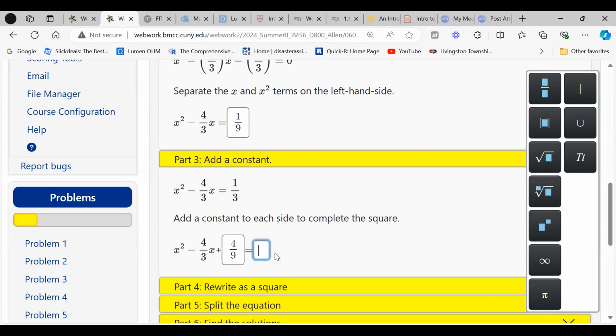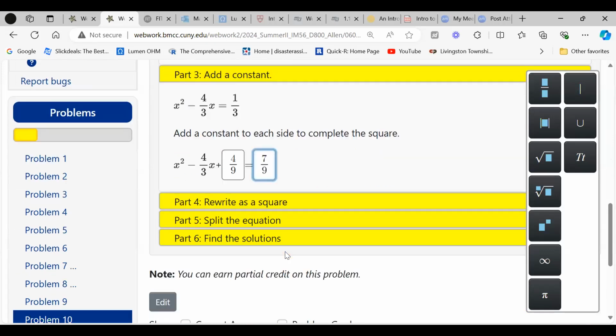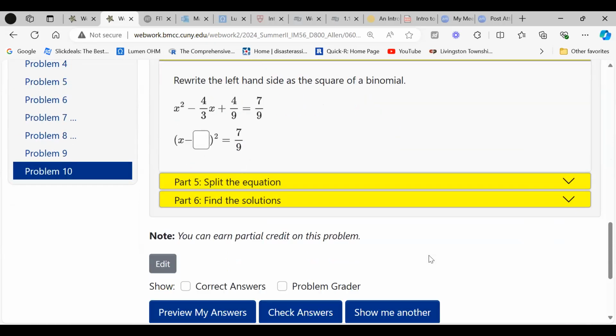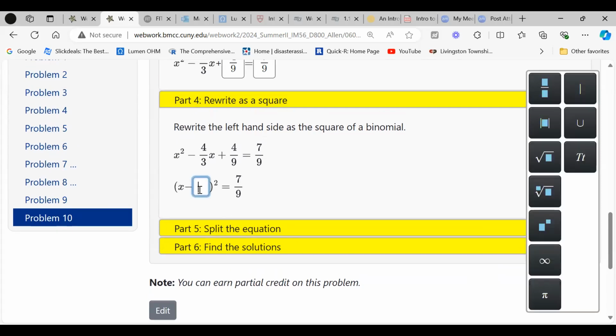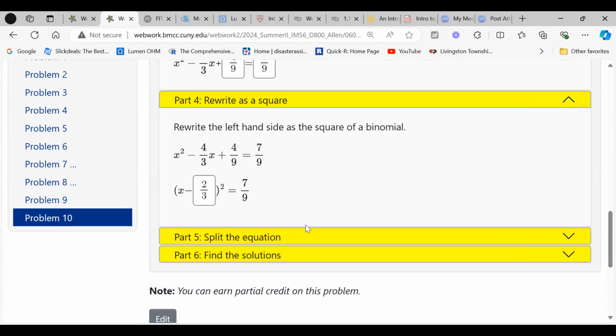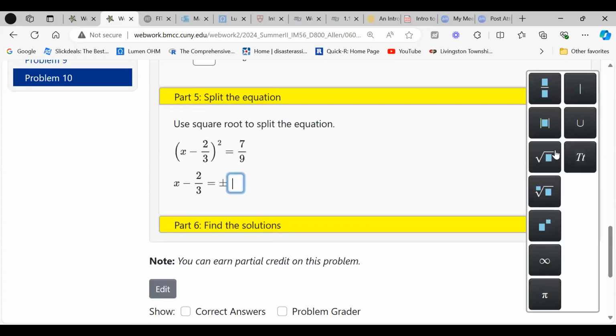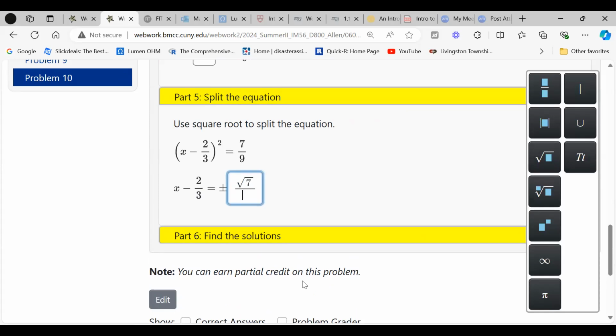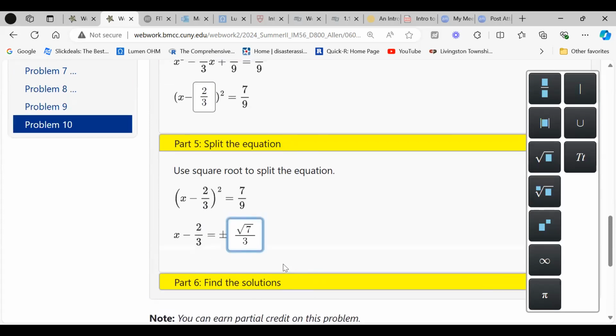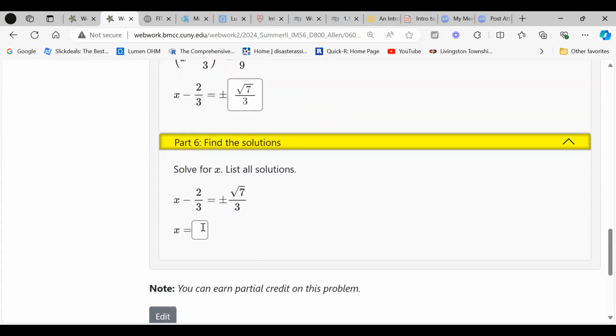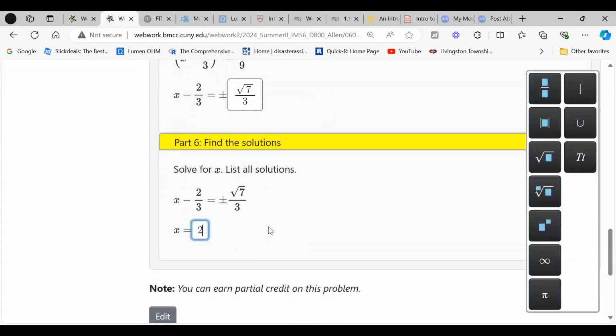And on the right hand side, it's removing 7 over 9. Then complete the square on this 2/3. Okay, then split the equation, square root 7 over 3.